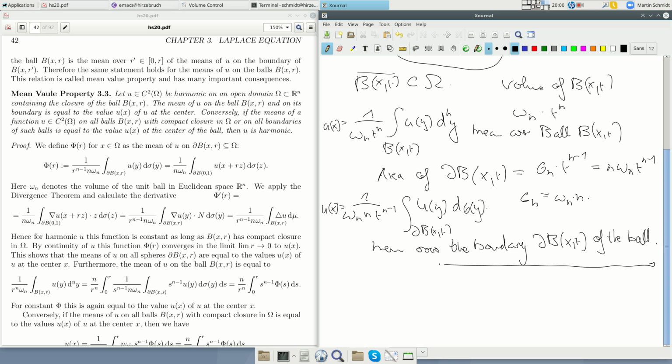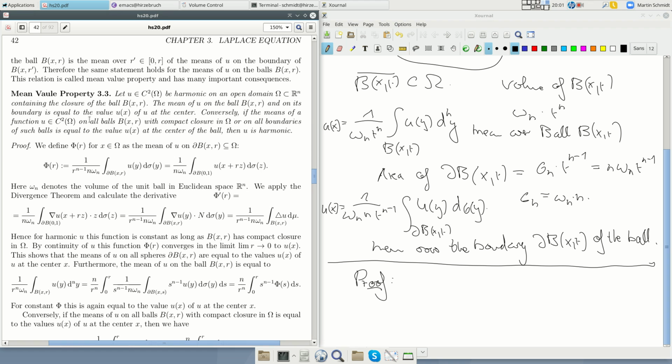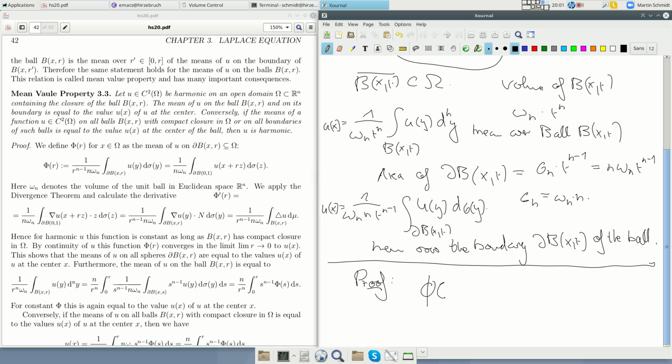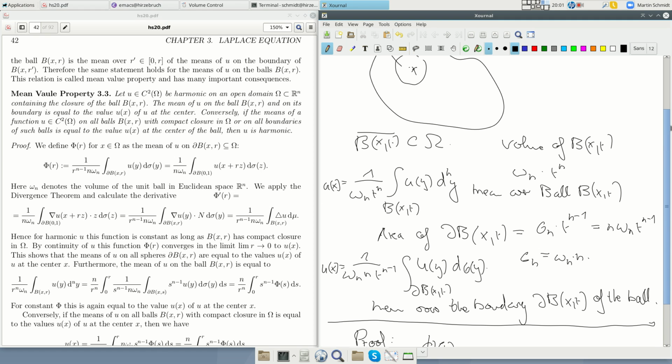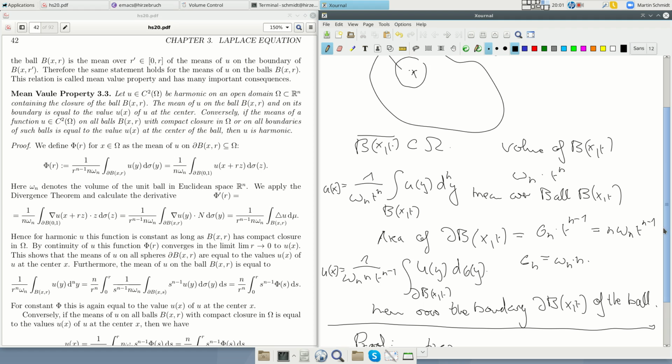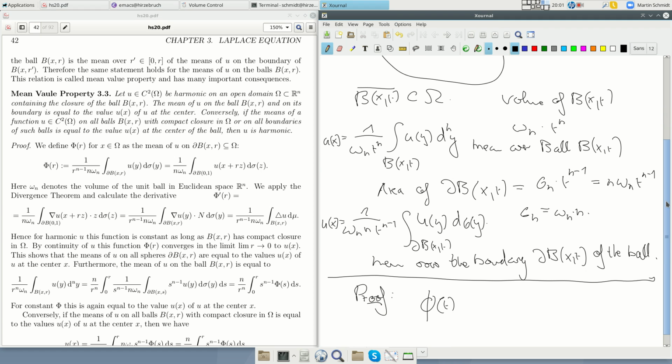Okay, so now let's look at the proof. And you will see the proof is mainly a consequence of the divergence theorem. This is really a nice statement, and it follows from the divergence theorem. We define this function phi of r. We choose some ball with compact closure, and now we choose a center.